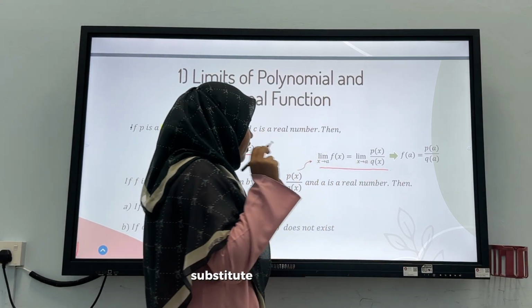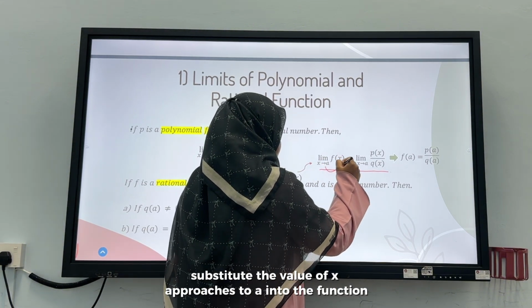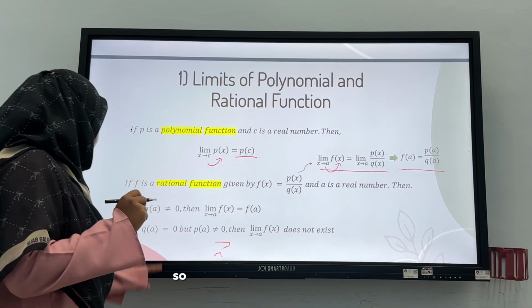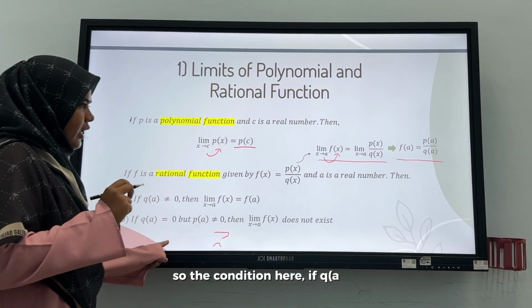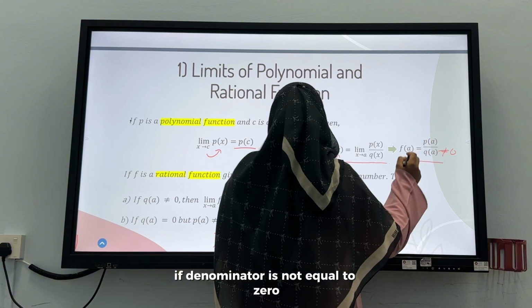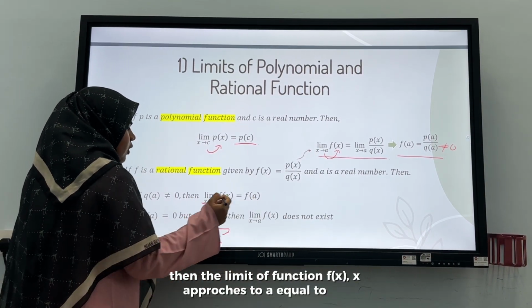When we substitute the value of x approaching a into the function, we get this equation. The condition here is, if q(a) is not equal to 0, if the denominator is not equal to 0, then the limit of f(x) as x approaches a equals f(a).